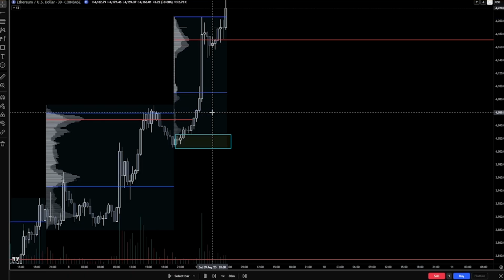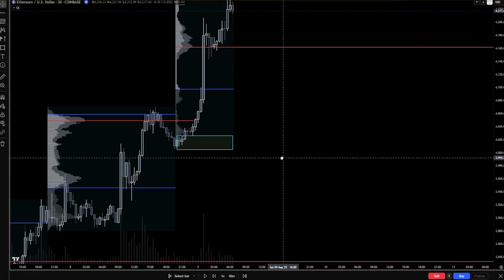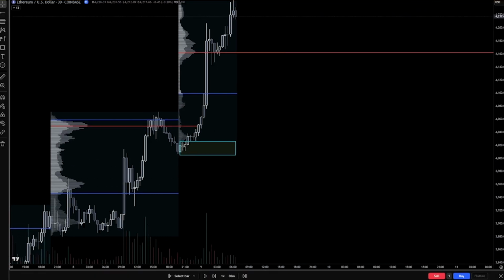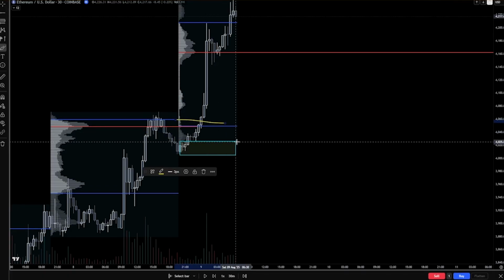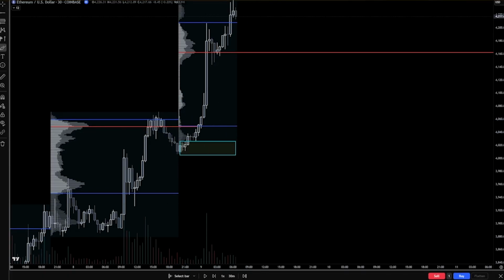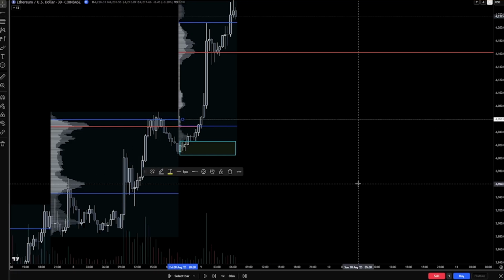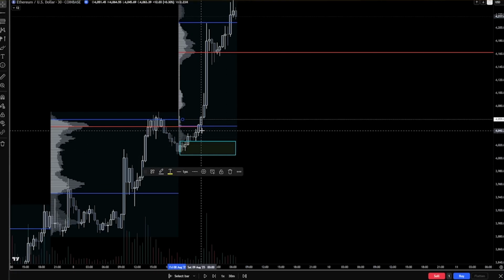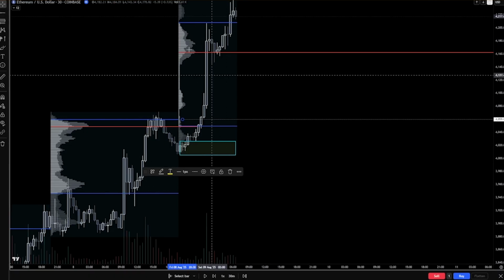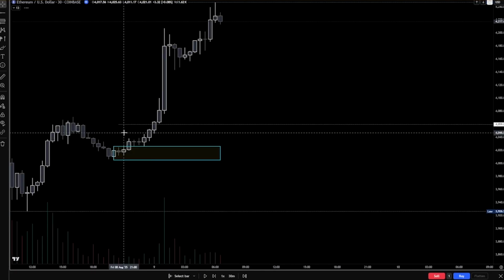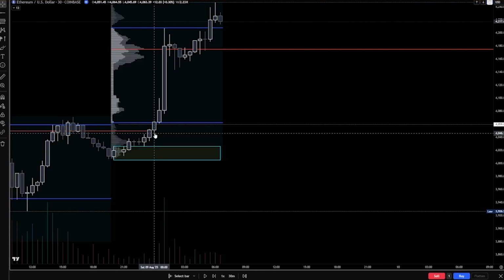And what did it do right here as it moved outside of it? So it broke and closed outside. Let's see what time frame, that was a 4-hour candle right there, that closed outside the previous day value area.